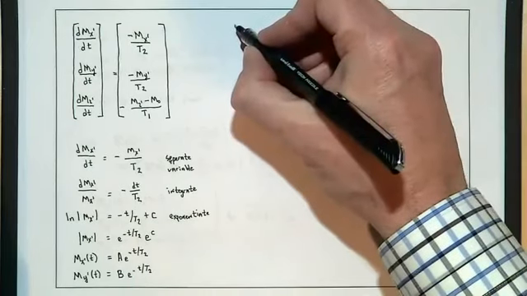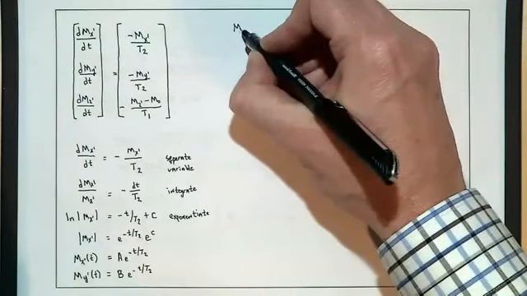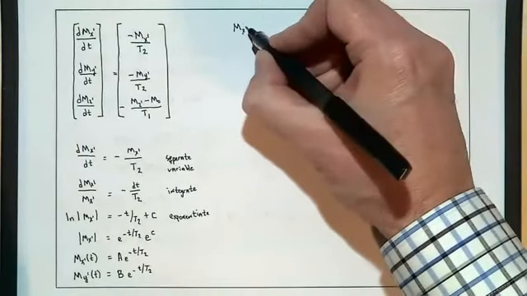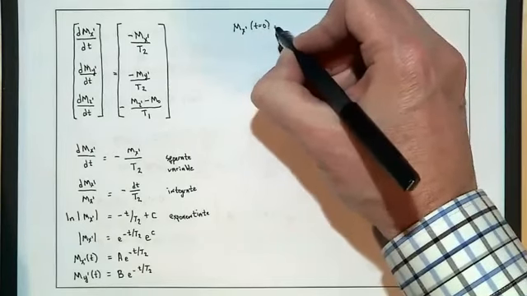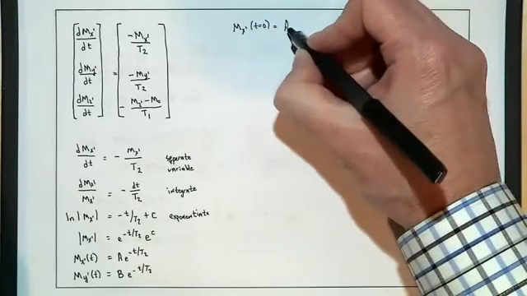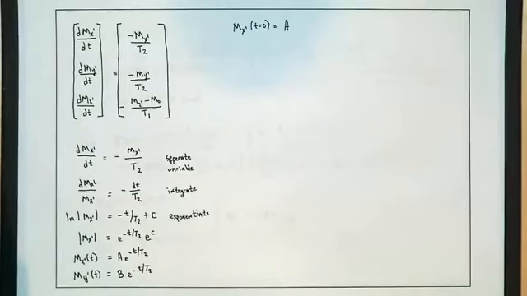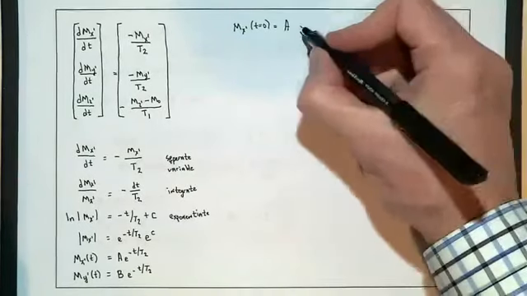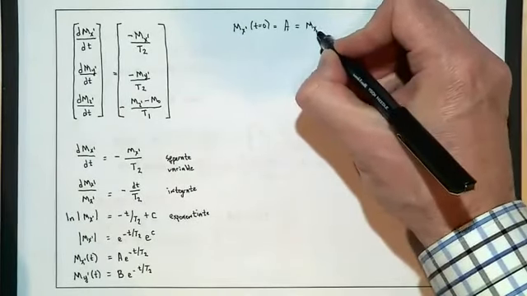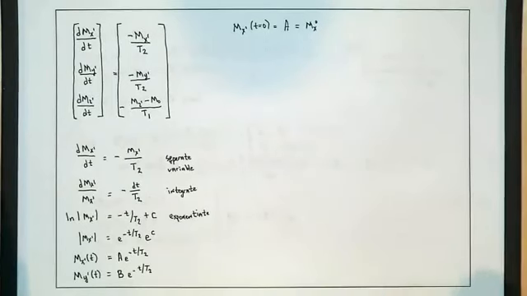Looking at our most simple general case, we say that mx prime at t equals 0 is equal to a. We know that from the last two expressions I wrote. And we usually just say that's our initial magnetization that we have available.